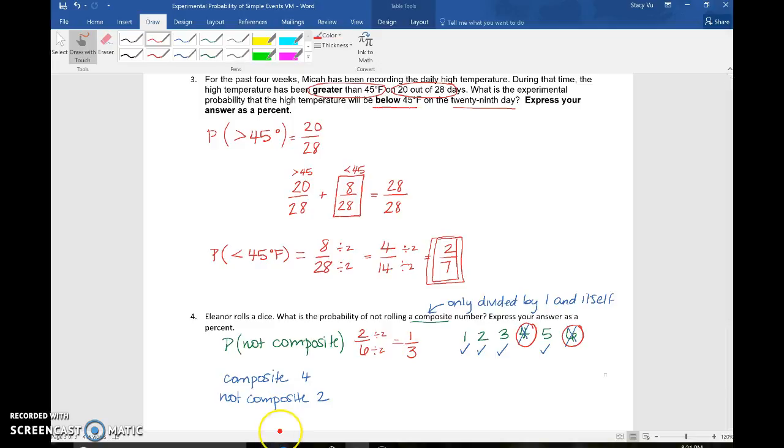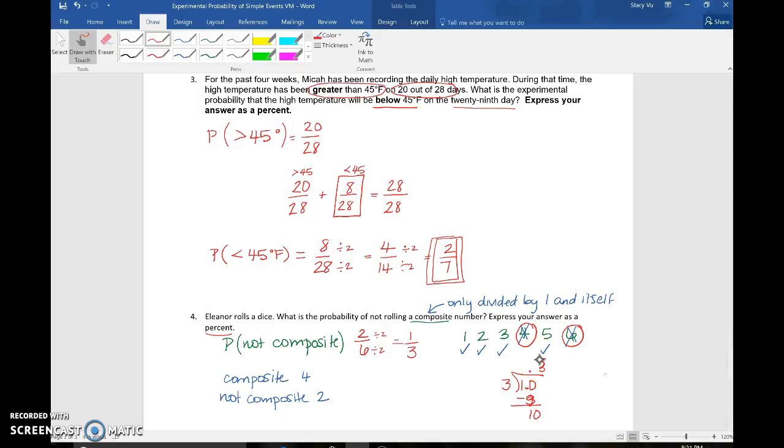And it wants us to write our answer in a percent form. So this is one that we should just know, guys, 1 over 3. If you don't, you do top in, bottom out, put a decimal. 3 goes into 10, 3 times 3 is 9, subtract, you get 1, and it's a repeating decimal.